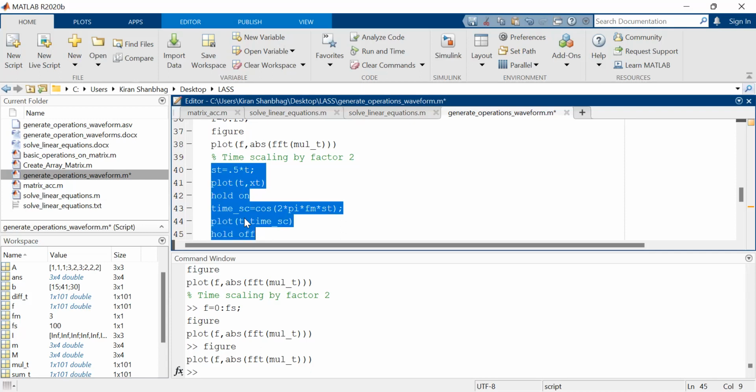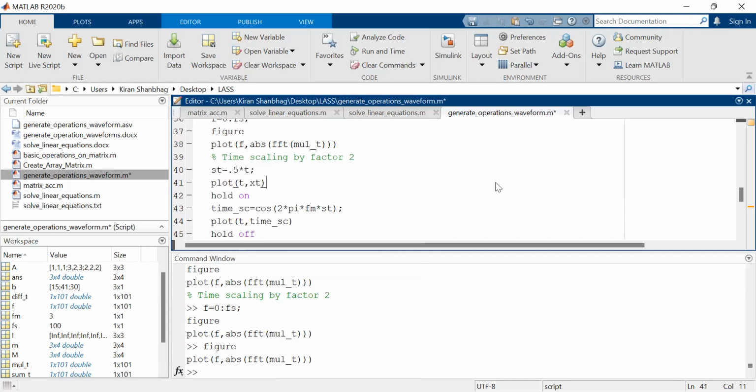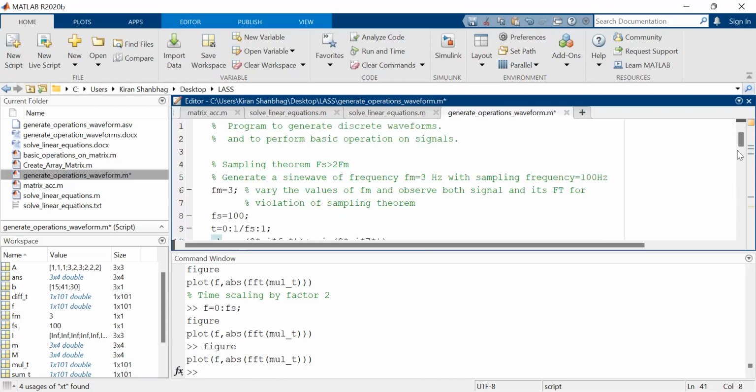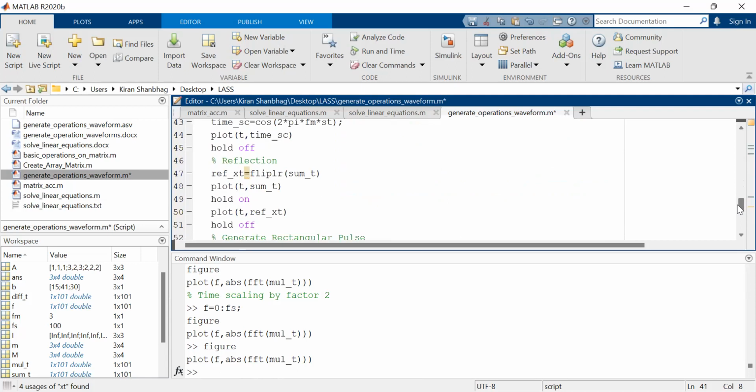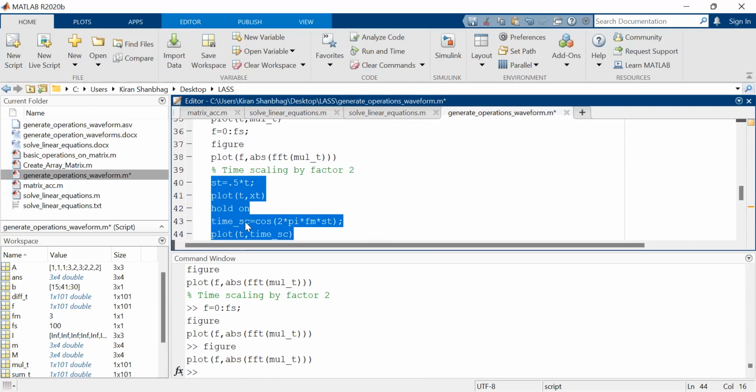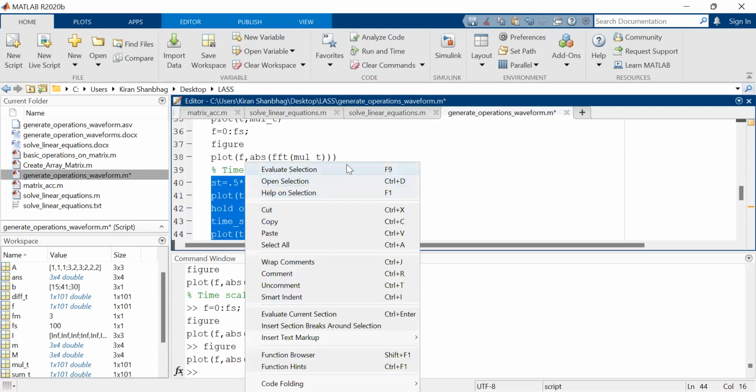Let me run this command. What I'm doing here, first you can see xt is the original signal with frequency fm, which is 3, and st is the scaled signal, where you are multiplying it by 0.5. Any guesses how the resulting signal is going to look like?